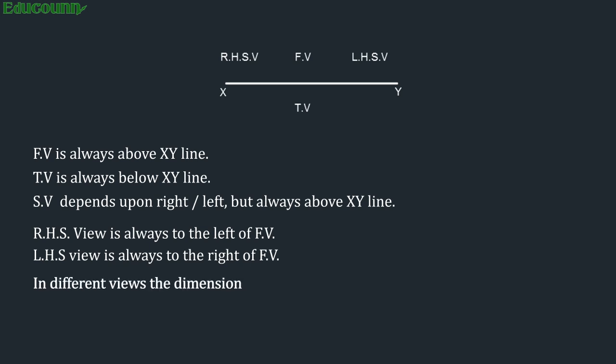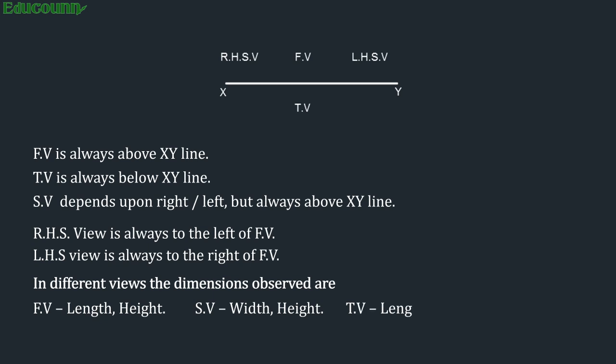Now a very important concept we have to study is what dimensions are observed in different views. Whenever you are seeing the object from the front, that is in the front view, you are going to observe only two dimensions, that is length and height. Now going to the side view, we are going to see only width and height, and in the top view you are going to see only length and width, which means that each view has one dimension missing.